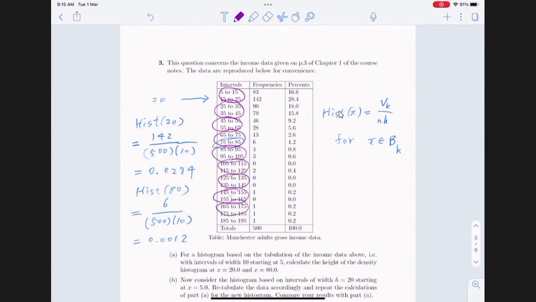So we group the intervals together, and the counts will also be grouped together. Now we calculate the density histogram at the points 20 and 80 according to the new intervals. Imagine that we define the interval and then construct the histogram again, and we determine the height of the rectangle at the points 20 and 80.